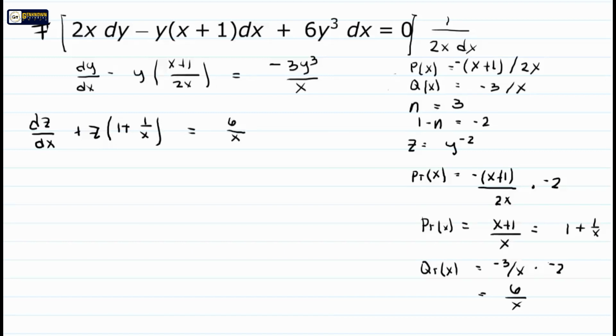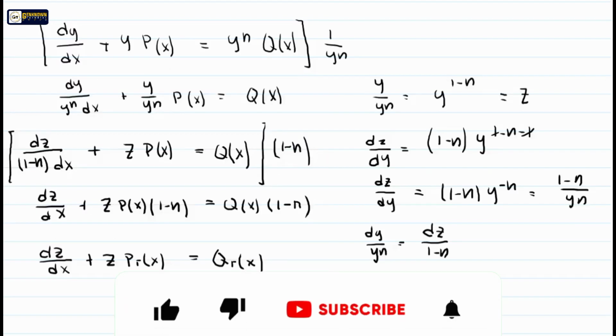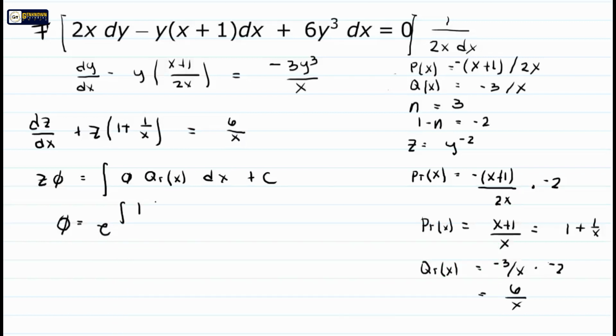Take note, under the first order linear equation, we have z multiplied by phi is equal to the integral of phi multiplied by the QR of x dx plus c, where the phi is equal to e raised to the integral of PR of x, so the integral of 1 plus 1 over x dx.